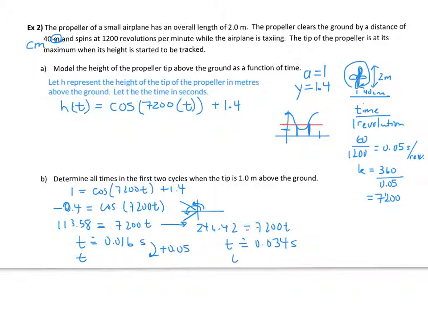So my other 2 times would be 0.066 and 0.084. And I would follow that up, of course, with a therefore statement.